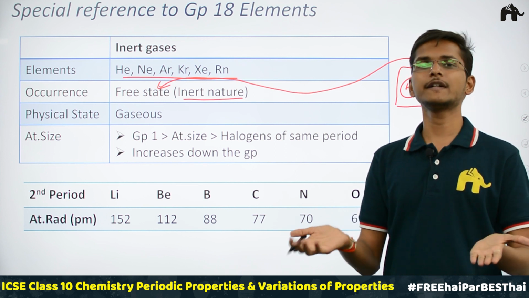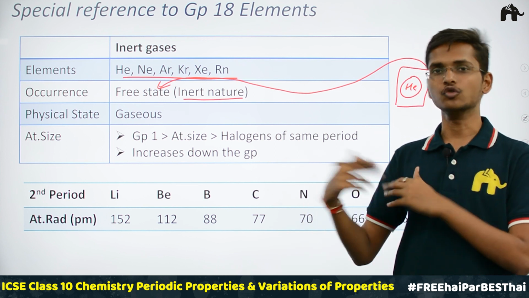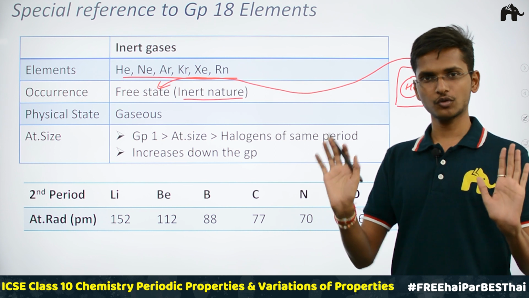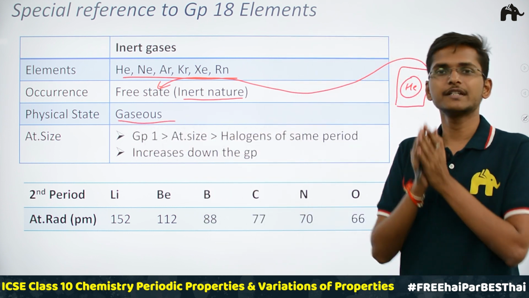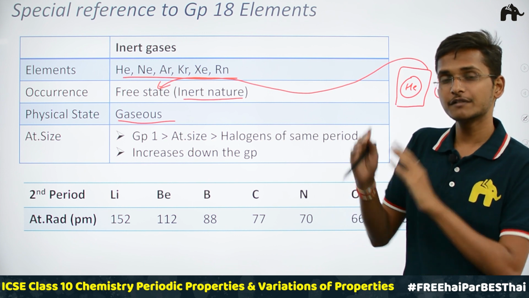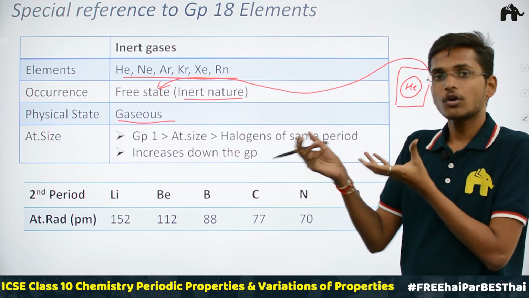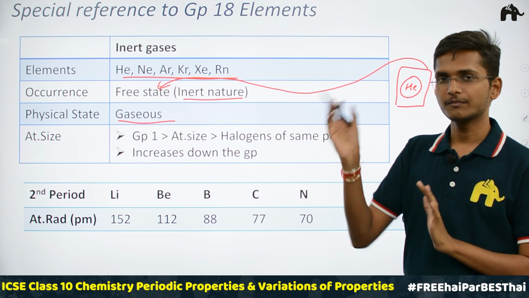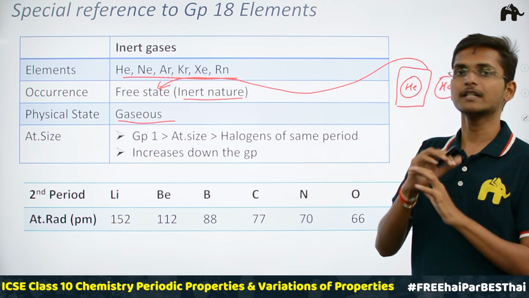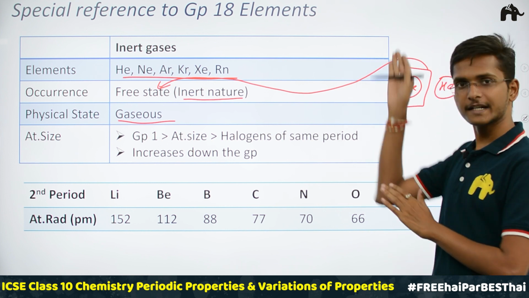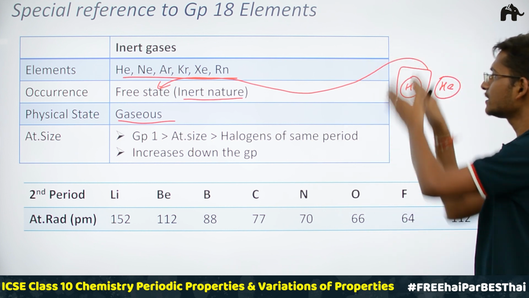They have a complete octet, with no need of gaining, losing or sharing electrons. Now, physical state: all are gases. We studied this with the physical states of elements in the periodic table, which are solid, liquid and gaseous. All the group 18 elements are in the gaseous state.